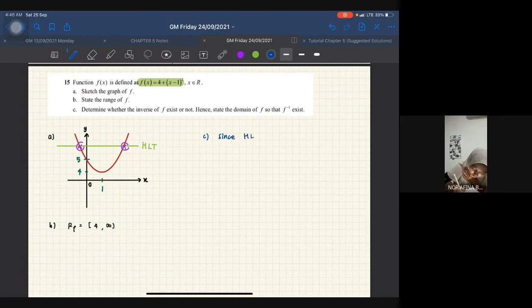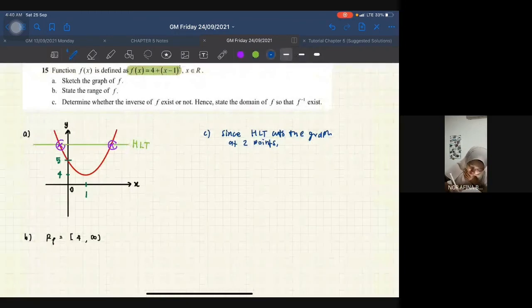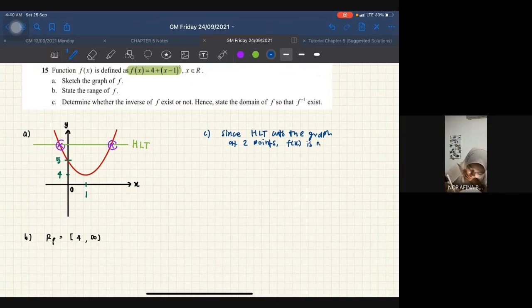Since HLT cuts the graph at 2 points, so the graph is not one-to-one function. Fx is not one-to-one function.